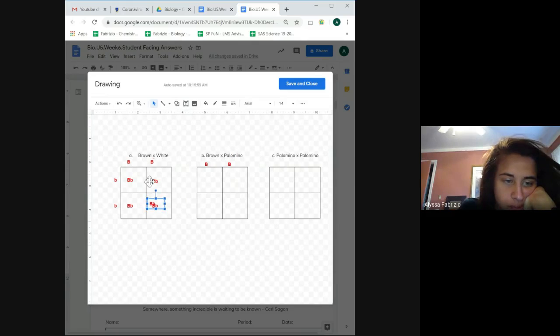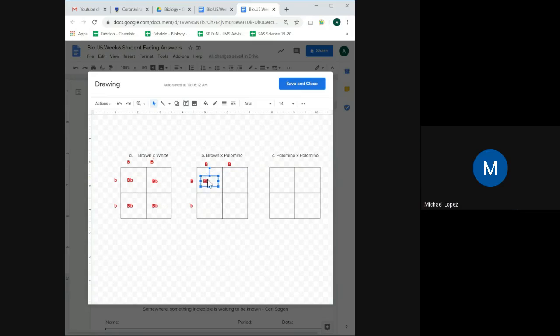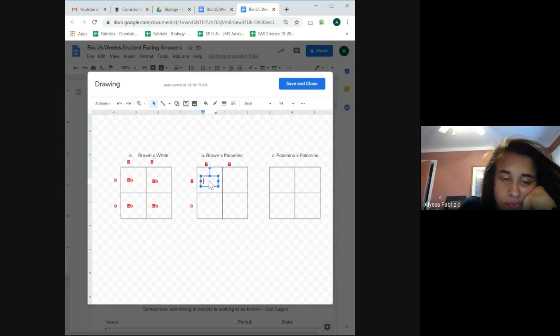So the palomino is uppercase and then lowercase like that. Very good. So what does the cross look like? The first two squares are going to become brown. Very good. So they're both going to be brown.